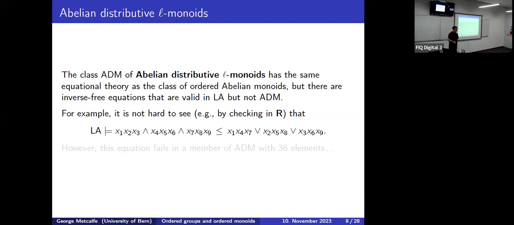And here's a counterexample. In fact, it's the smallest one we know, has 9 variables. It's not hard to check that this inequation is valid in all lattice-ordered abelian groups. You can just check it in the real numbers. But you want to show it's not valid in all ordered abelian monoids. And for that, Felix Bou found a counterexample.